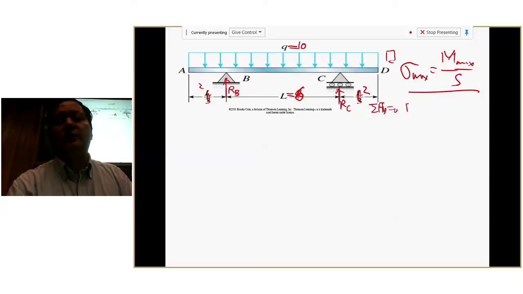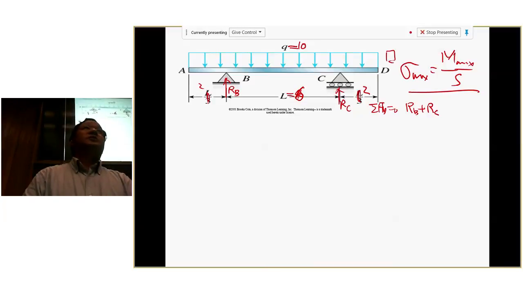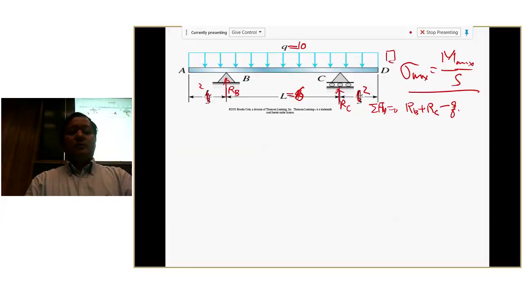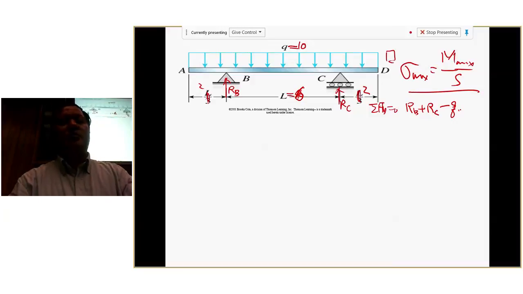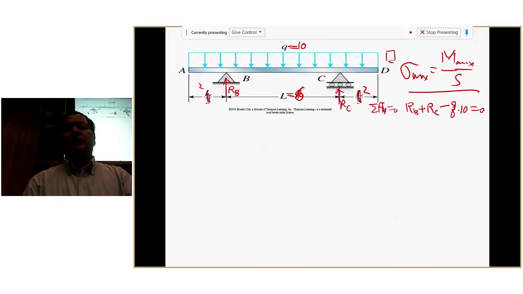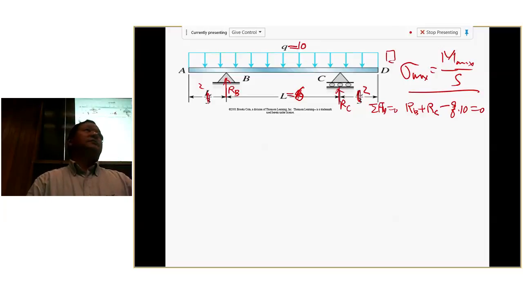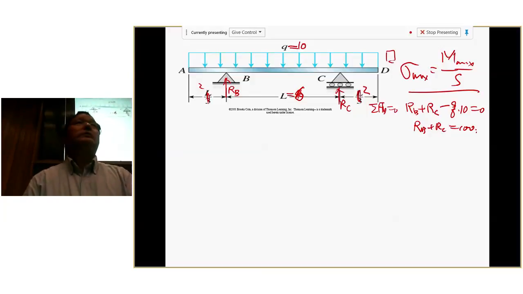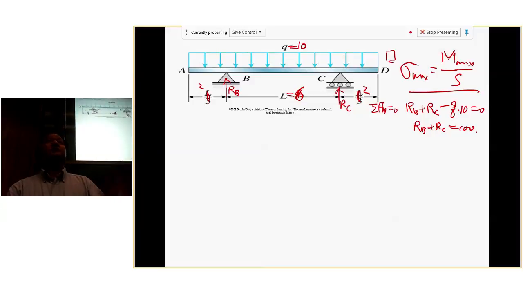And then you have RB plus RC minus Q times 10, right? Q times 2 plus 6 plus 2, so that's 10, the total length, equals 0. Okay, so RB plus RC equals 100, right? So this says RB plus RC equals 100. All right, we need another equation.